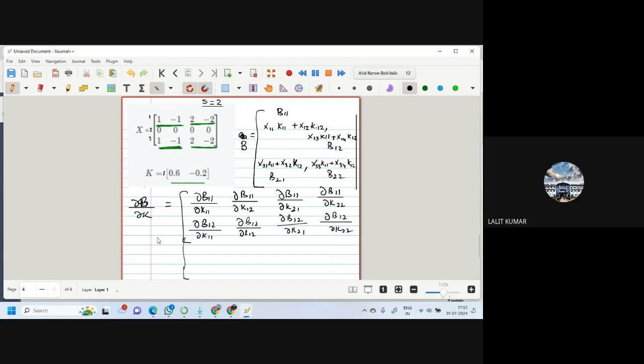Here, if you notice, del B11 by del K11 is X11, and X11 is 1. Del B11 by del K12 is X12, which is minus 1. Del B11 by del K21: there is no K21, so it is only this.